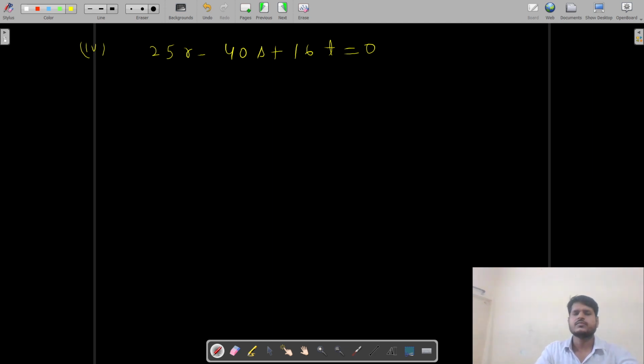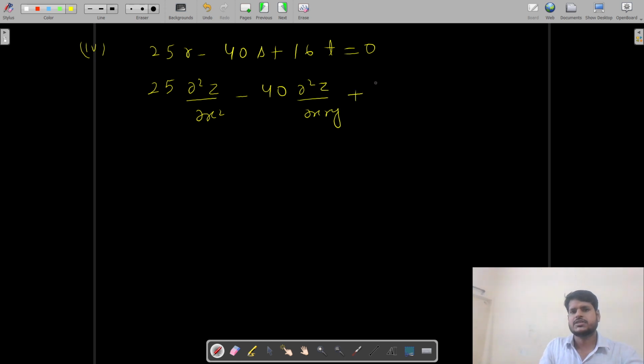Now I think I have already told you the notation. You can write 25 derivative square z over derivative x square minus 40, where s means derivative square z over derivative x and derivative y, plus 16 t, which is derivative square z over derivative y square, is equal to 0.